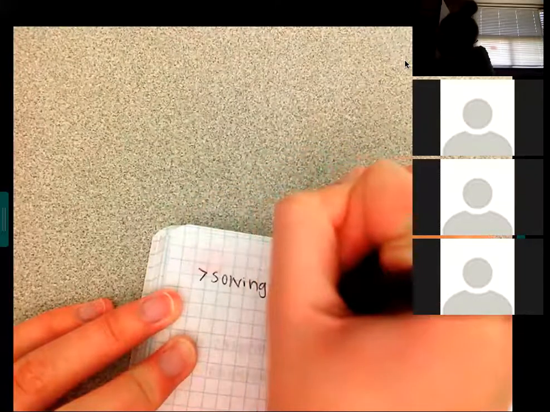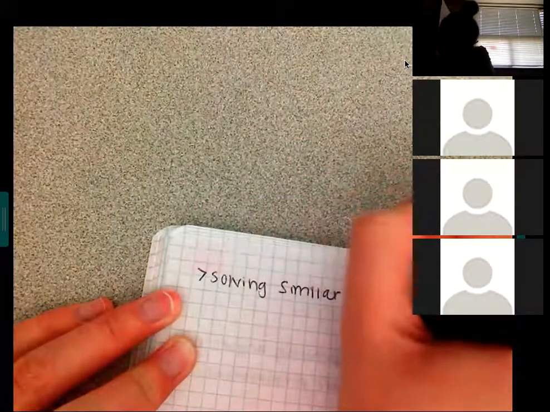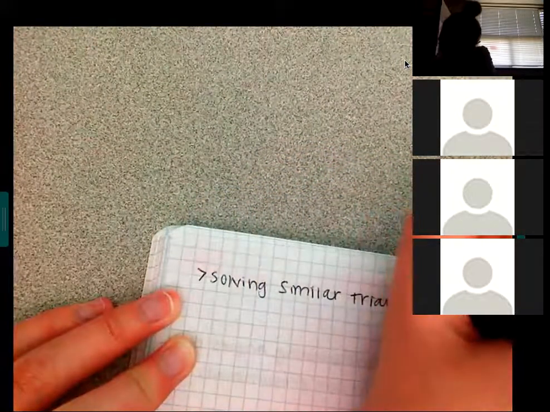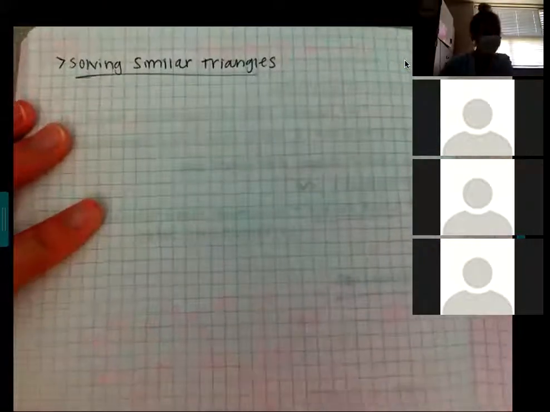So the last thing we're going to do today is solving similar triangles. I'm going to do like 2 or 3 examples, and then if y'all are good, I'm going to turn you loose.